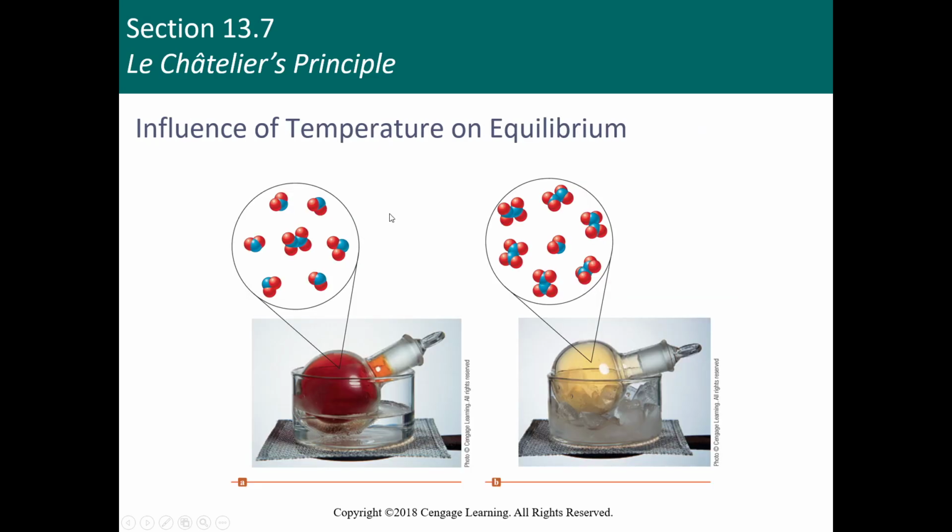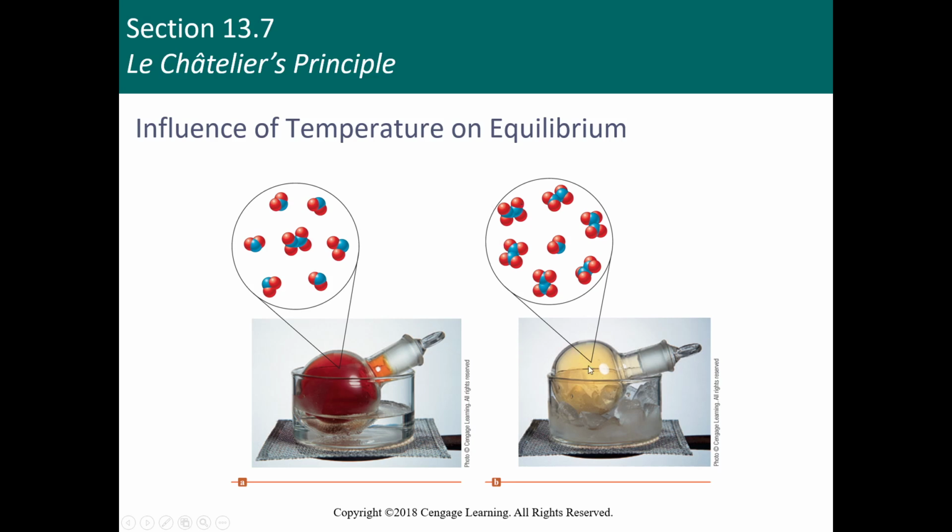Okay. Right here we actually see a visual representation of equilibrium being affected by temperature. It's kind of a cool thing you can do in labs. Here we have N2O4 versus NO2. What we see is when we cool this, we get a greater amount of the N2O4, which is clear.